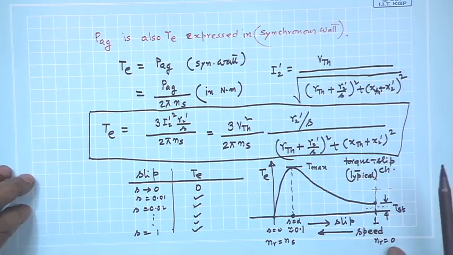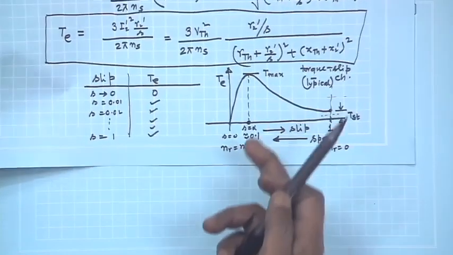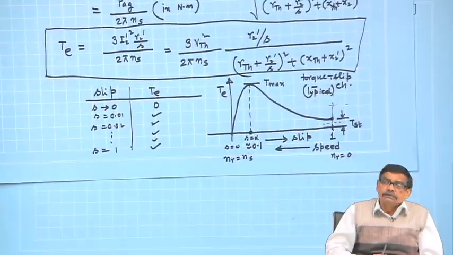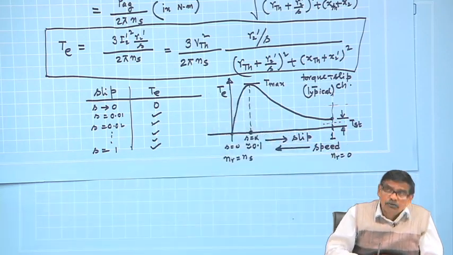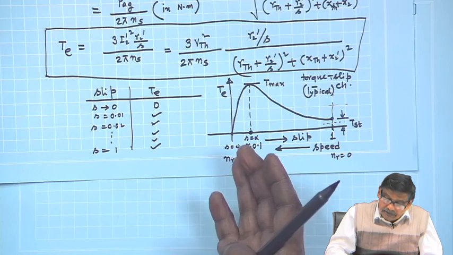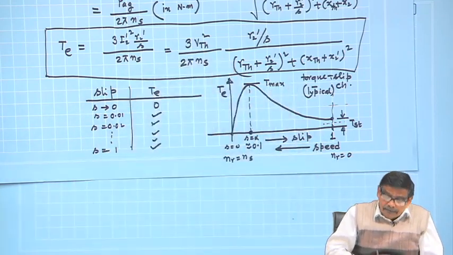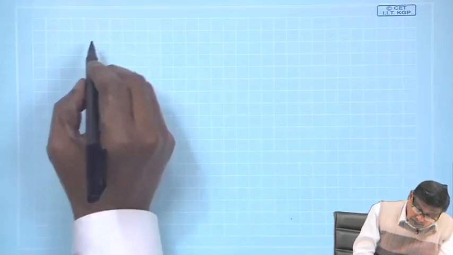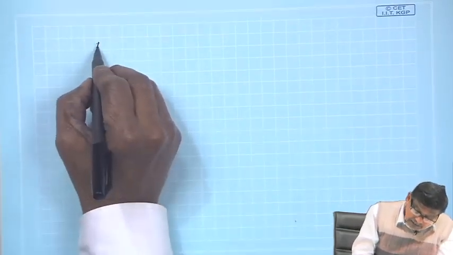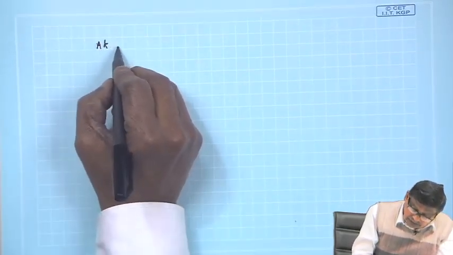Then the next question comes in: in terms of equivalent circuit parameters, can we tell what will be the value of T max and at what slip that T max occurs?